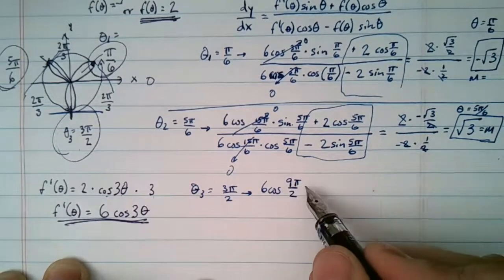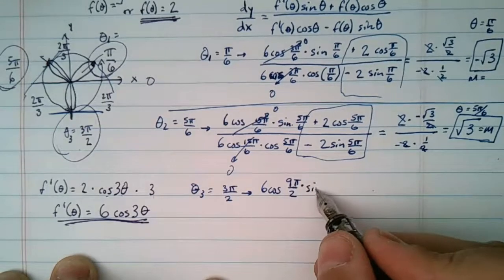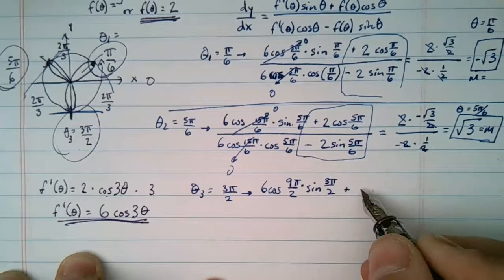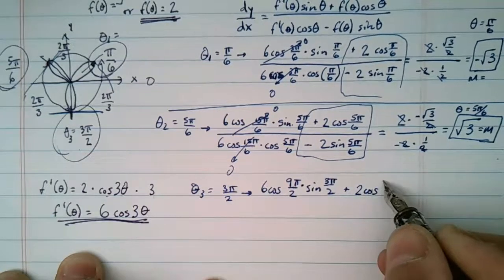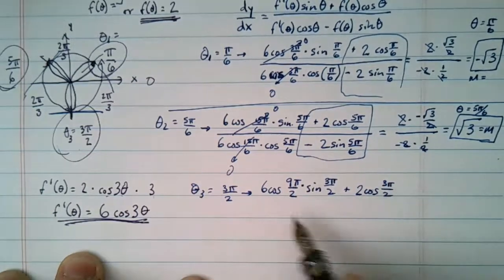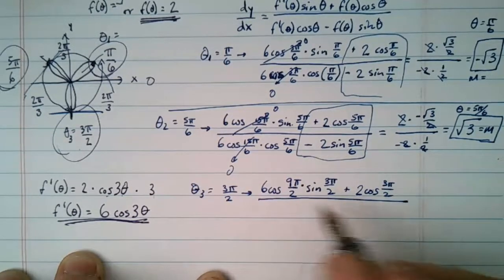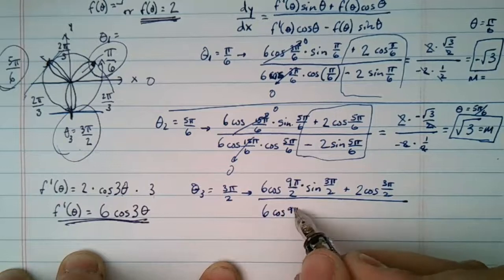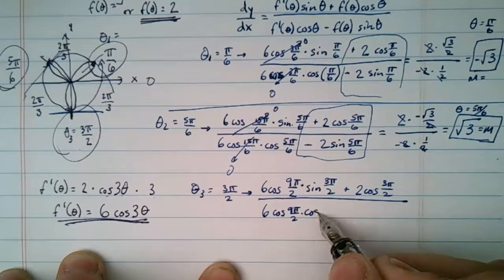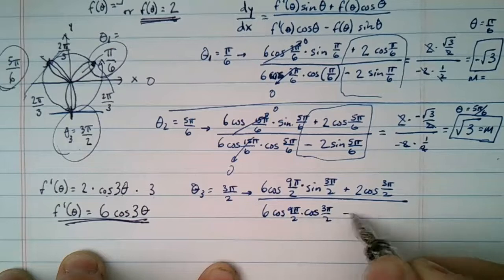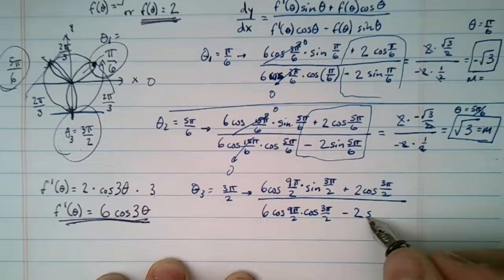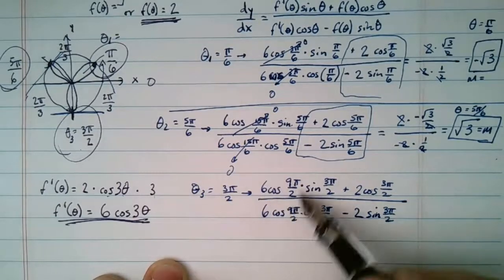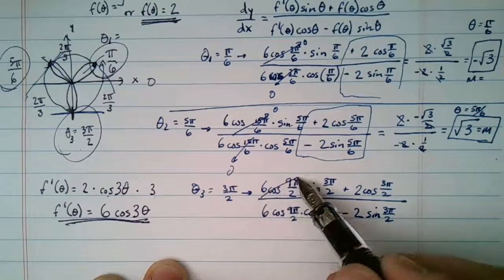9 pi by 2 times the sine of 3 pi by 2 plus 2 cosine 3 pi by 2 over, and in this case it's going to be what? 6 cosine 9 pi by 2 times cosine 3 pi by 2 minus 2, and this time it'll be sine 3 pi by 2. And again, this falls on a vertical axis, so it's 0.